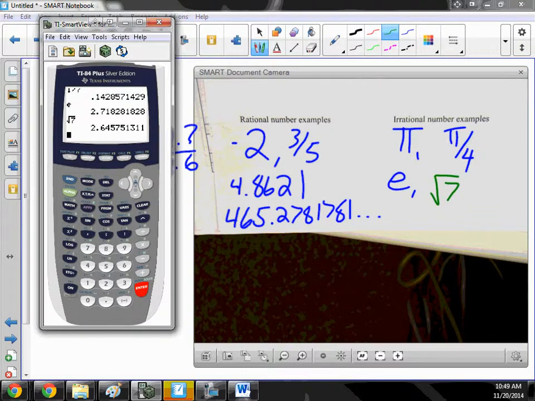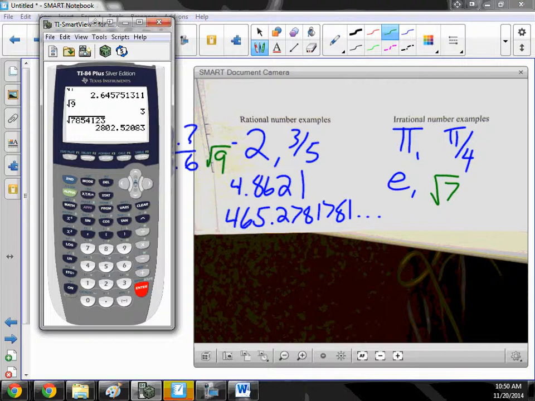So if I type in square root of 9 or any other perfect square, that would belong in this list. So if I had a square root of a big number that I didn't actually know the perfect squares, just because that came out with some decimal, I can guarantee that it goes on forever and never repeats. Okay?